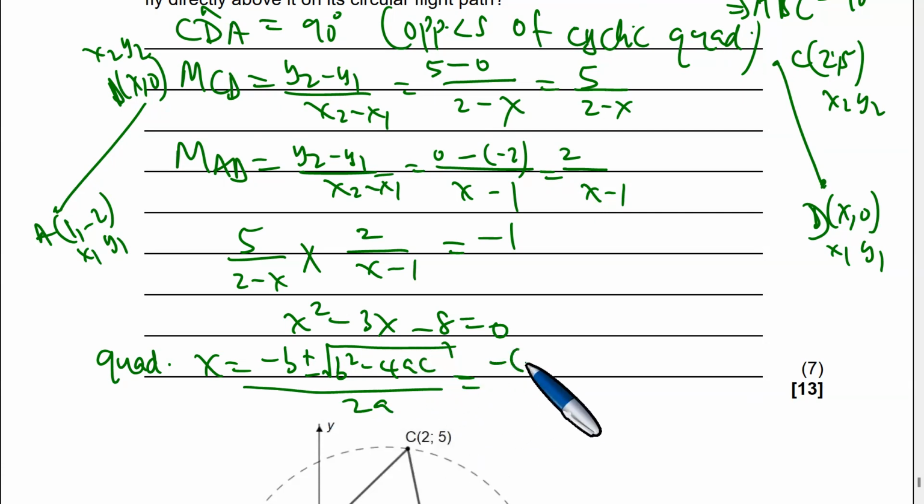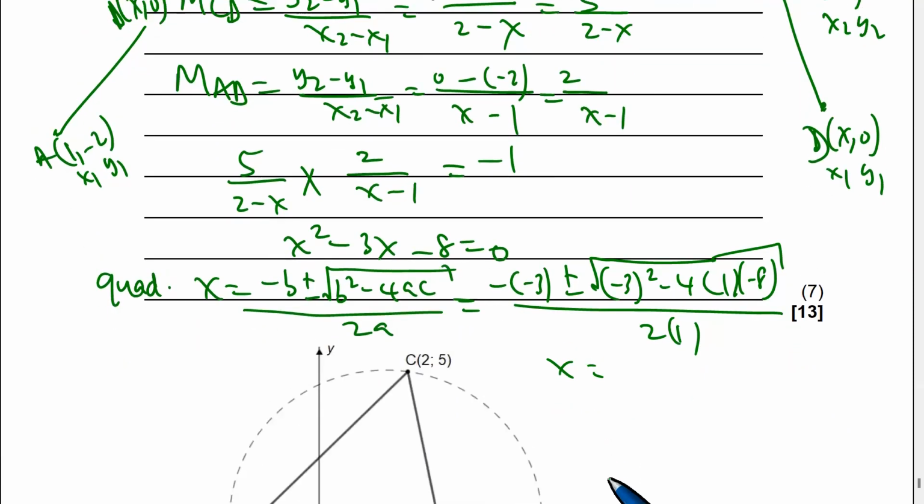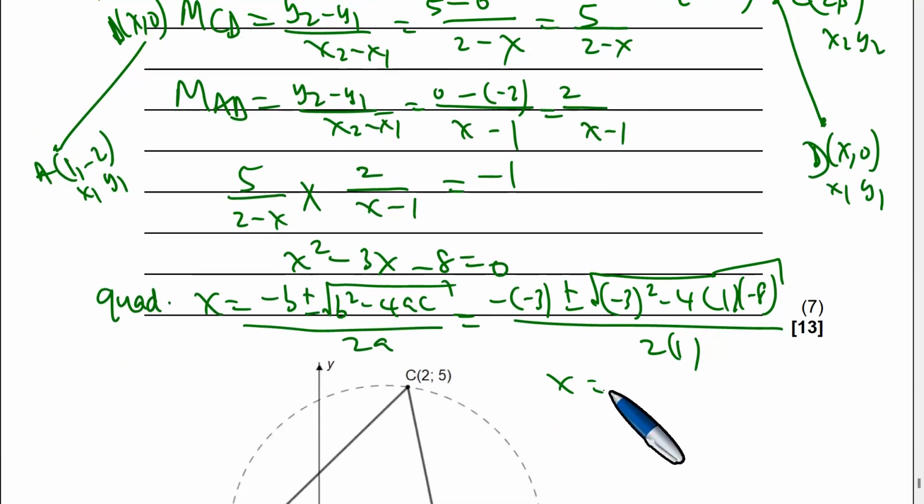Therefore it's minus b, which is minus minus 3, plus or minus the square root of b squared, which is minus 3 squared, minus 4 times a, which is 1, times c, which is minus 8, over 2 times a, which is 1. If you simplify this using a calculator, x equals 4,7 or x equals minus 1,7.